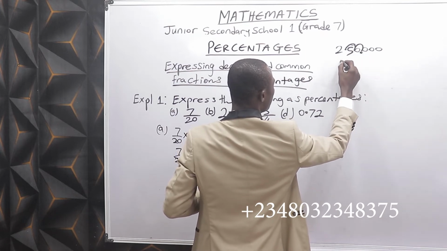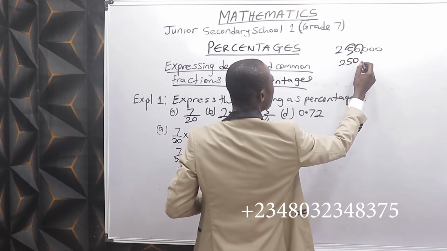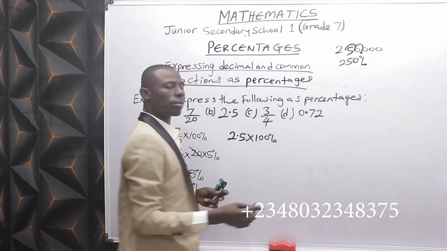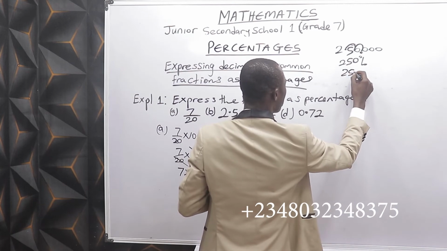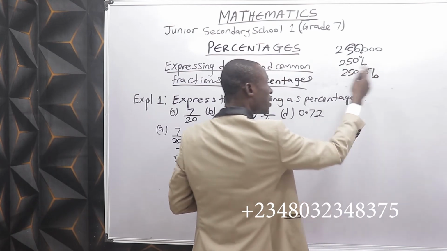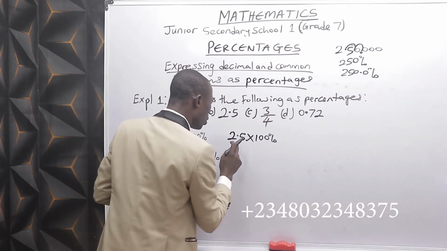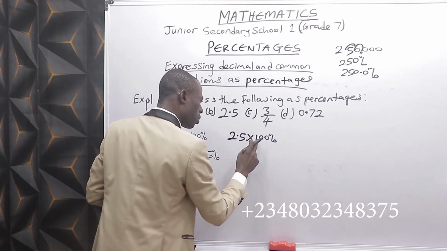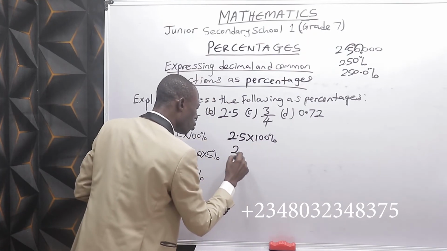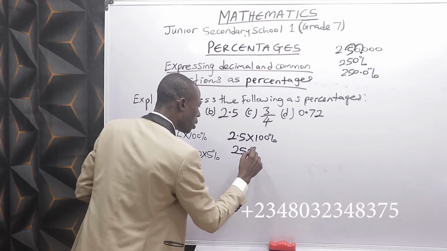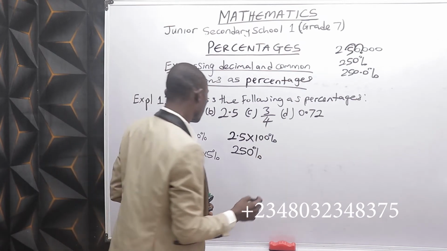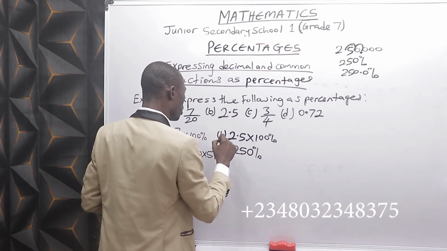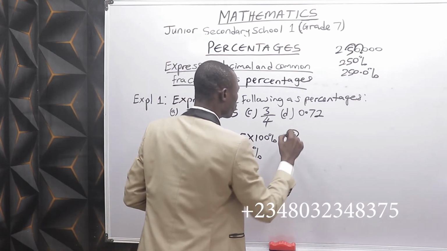That is where we will stop. So it will be 250%. Do we understand? If you write 250.0%, it's the same, but you don't need it. So 2.5 times 100% is 250%. That is question B. We go to question C.